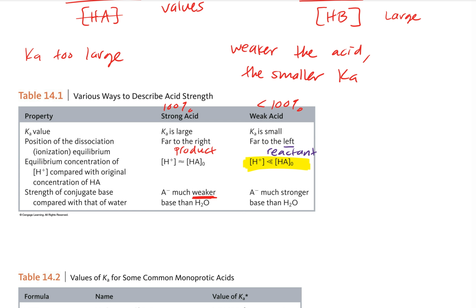Because unlike strong, where we can just plug in the initial strong acid concentration as the hydrogen ion concentration, we cannot use the initial acid concentration here as hydrogen concentration because this is a weak acid. The conjugate base, A minus, is going to be much stronger than the water when you're dealing with a weak acid.